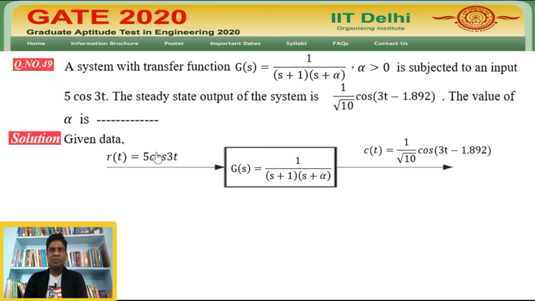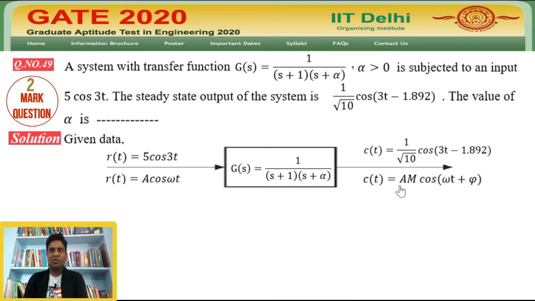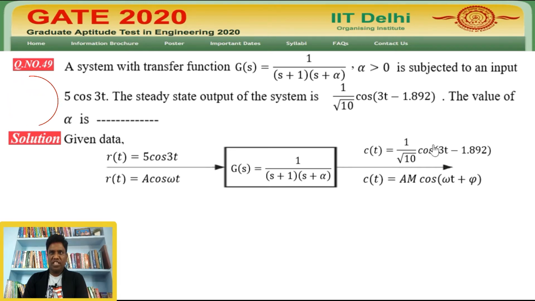Suppose the cosine input applied to the system is r(t) equal to A cos(omega t), and it produces the corresponding output c(t) equal to Am cos(omega t plus phi). From the observation of the input and output, the input magnitude A equal to 5 is changed into the output magnitude Am equal to 1 divided by root 10.